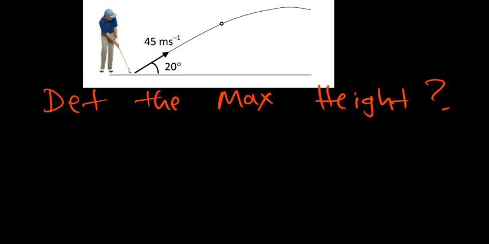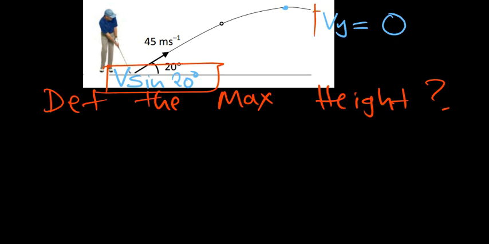So one thing that we know is that at the maximum height, the velocity in the y is going to be what? It's going to be 0. Now we understand that at the initial point, the velocity in the y is going to be v sine what? Sine 20 degrees. So we've got the initial velocity in the y, and then we also have its final, which is 0.